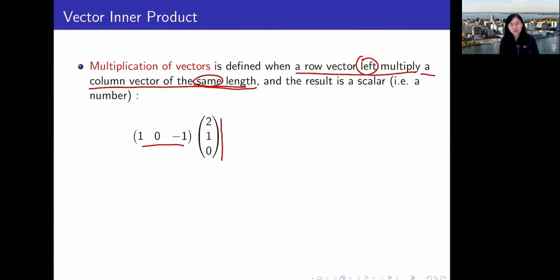The product is well defined and the result is a scalar. And that scalar equals the sum of the products of the corresponding elements of the two vectors. So that basically equals 1 times 2 plus 0 times 1 plus -1 times 0, which is 2 in this case. So a row vector can left multiply a column vector, and the result is a scalar.